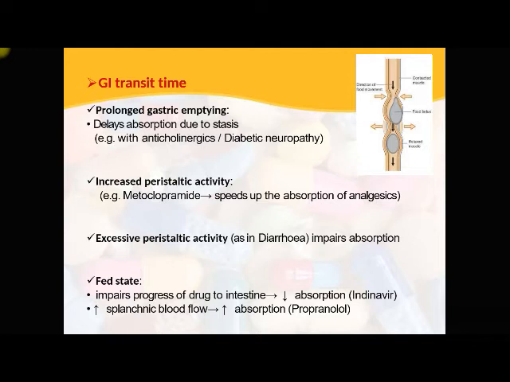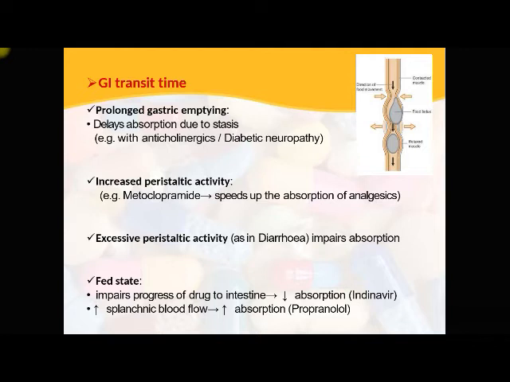Okay, so next is fed state. That means if you take the drug after a meal, then it impairs the progress of the drug into the intestine. Due to the presence of food in the stomach, the drug doesn't get into the intestine faster, and it decreases the absorption of such a drug.